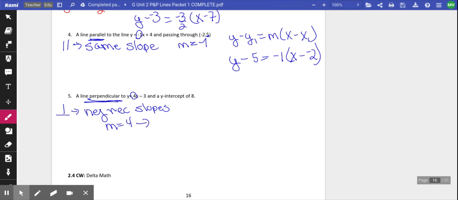So the perpendicular slope is the negative reciprocal, which is -1/4, because I flip it and change the sign. And now they tell me a y-intercept of 8. So if they tell me a y-intercept of 8, that means I want to use y equals mx plus b. So that's y equals -1/4 x plus 8.